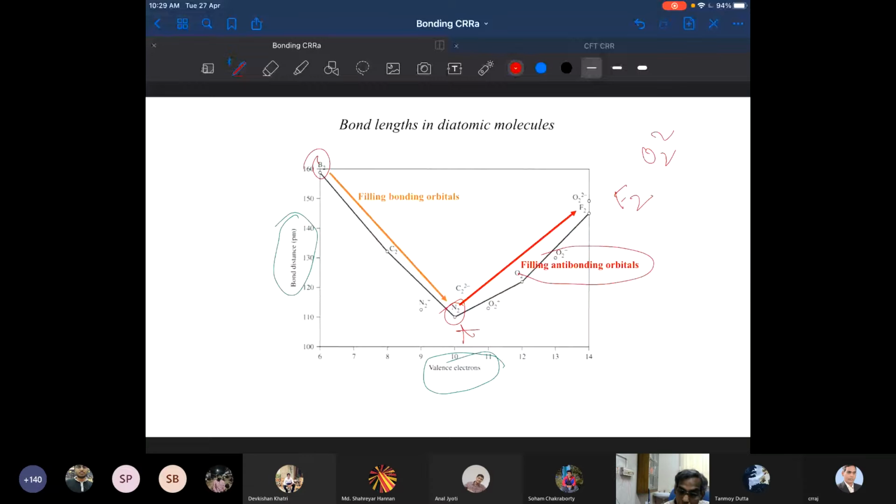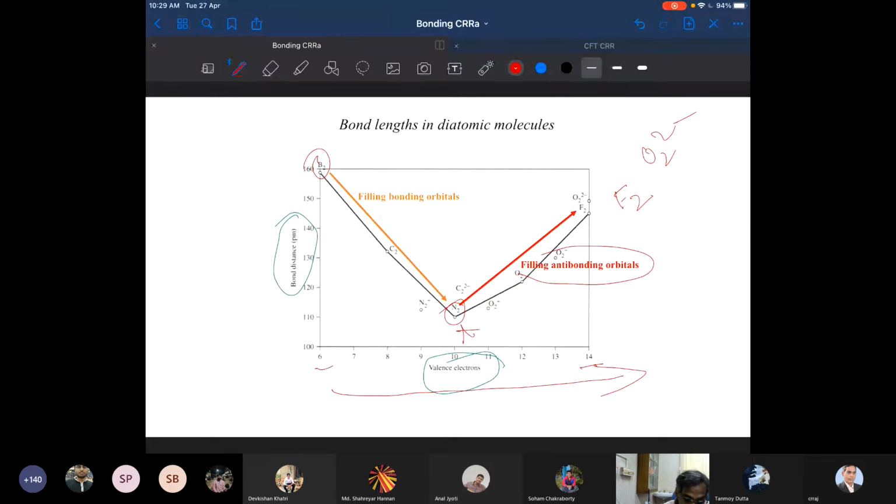We are basically filling the antibonding MOs. As a result, what is the implication? When I increase the valence electrons, say I started from 6 and go to 14, basically I am filling the antibonding MOs.